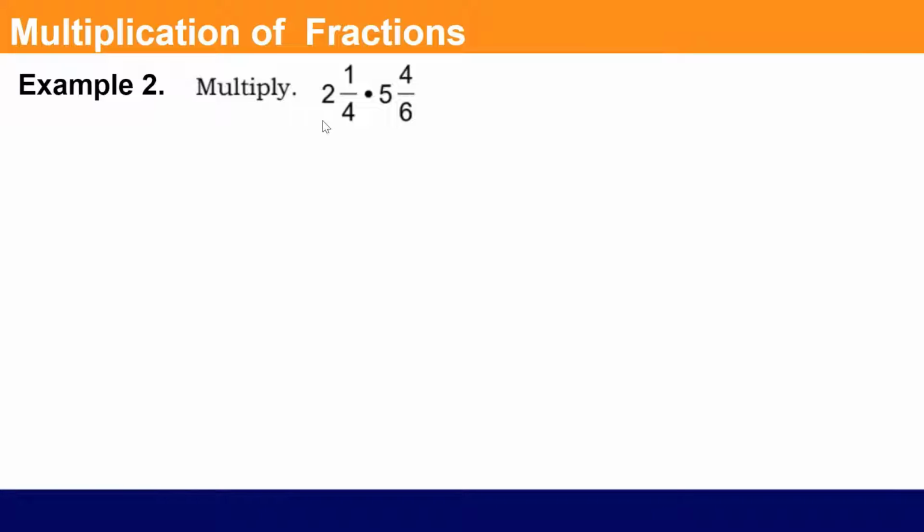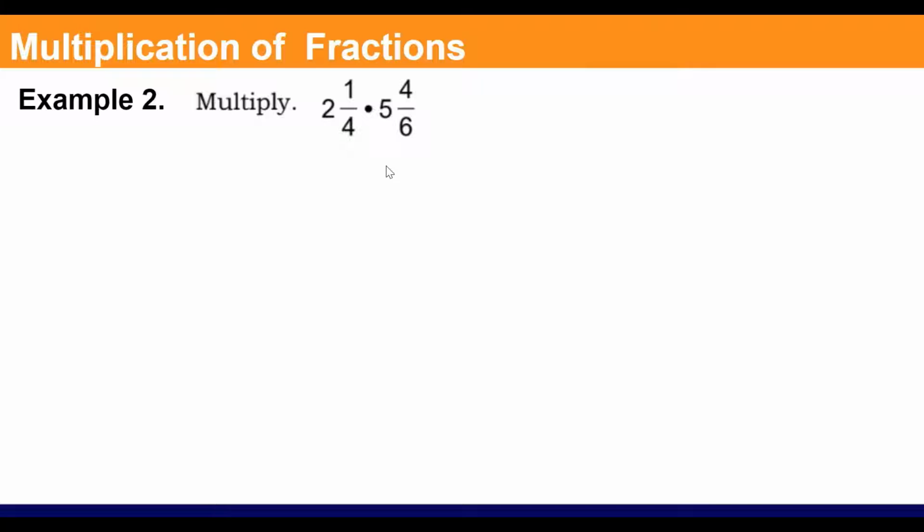Example 2. Multiply 2 and 1/4 times 5 and 4/6. So, as you can see, we have mixed numbers. So, para po masagutan ito, i-change muna yung mixed number into improper fractions. Paano nga po? Multiply yung 4, which is the denominator, by the whole number and add the numerator.